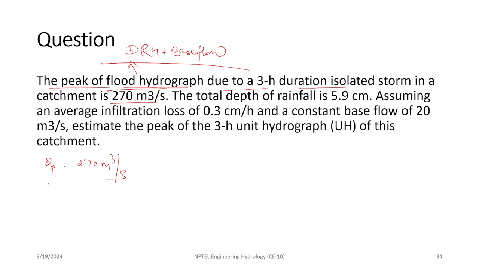Then tell me the additional information that we have. We have the duration, which is 3 hours. Do we have the effective rainfall? We don't have an idea about that. Is a UH mentioned anywhere?